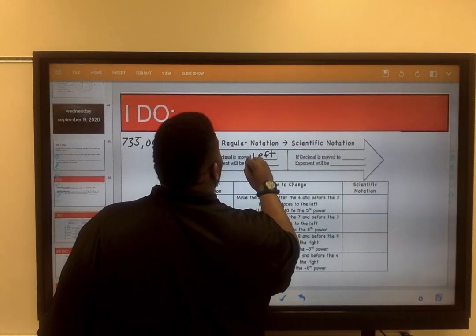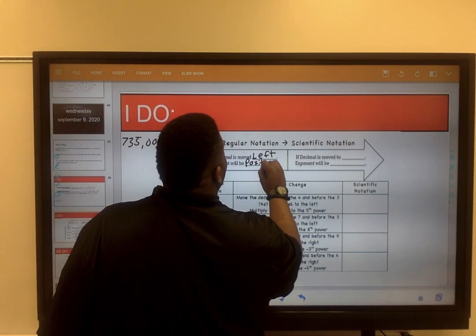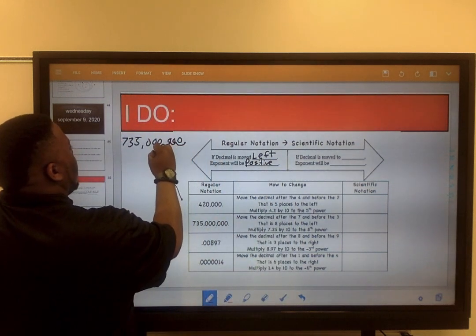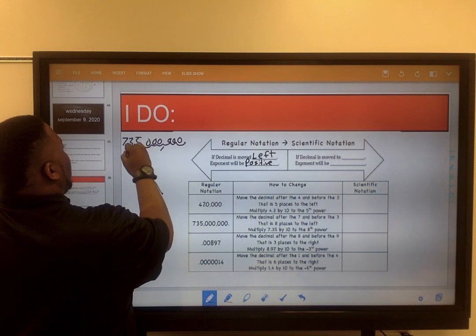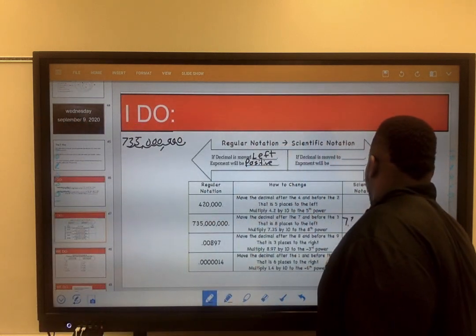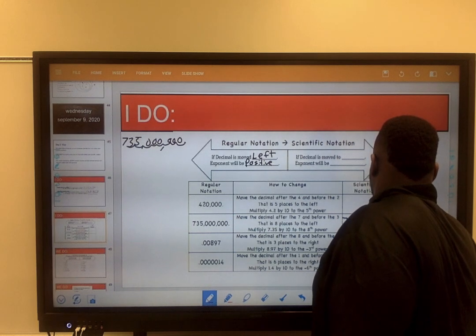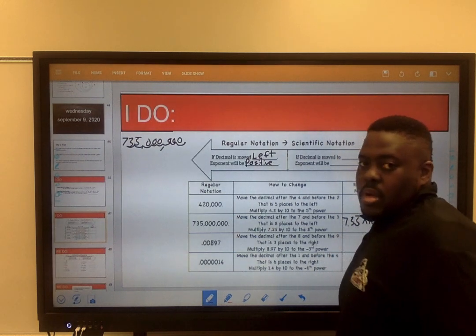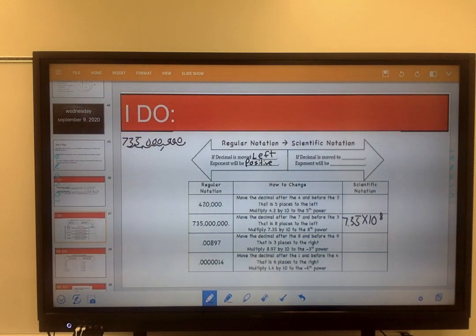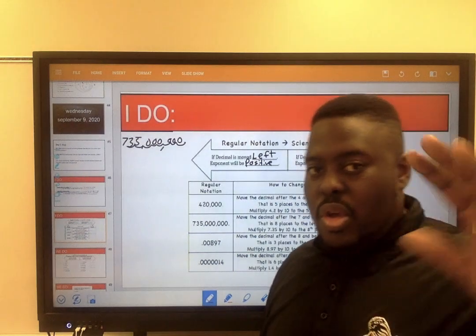And you know that's going to be positive. 1, 2, 3, 4, 5, 6, 7, 8. So 7.35 times 10 to the 8th power. You start at wherever the decimal is, and the decimal's placement tells you where you go left.